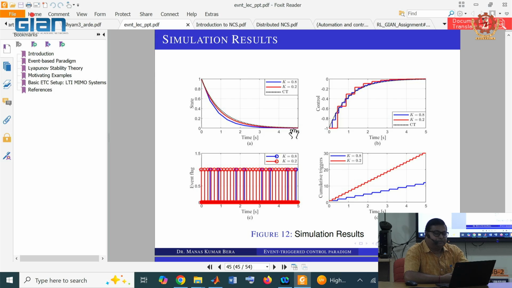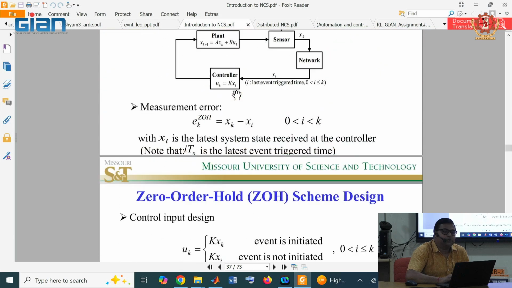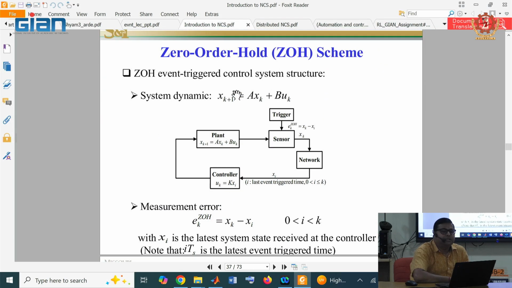The same idea can be extended for discrete time also, and now I'm showing you. Now you can correlate what that particular one is. Sir has shown this particular slide for the zero order hold scheme. So here we have taken a discrete time system, and now we have a sensor, and we define the error, that is x(k) minus x(i). This is the measurement error we are talking about.